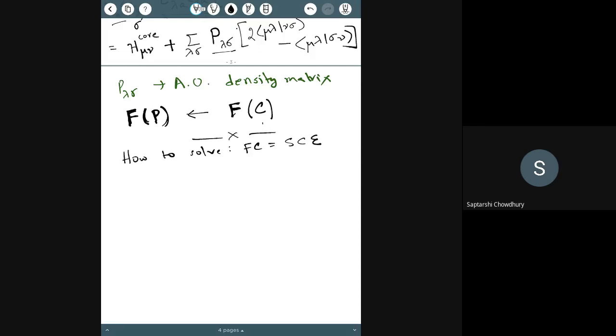If we did not have S, it would be an eigenvalue equation, and we would simply diagonalize the Fock matrix. But now, because of this S, we cannot do this. So what is the best way of removing this S? Can anyone suggest what we can do?